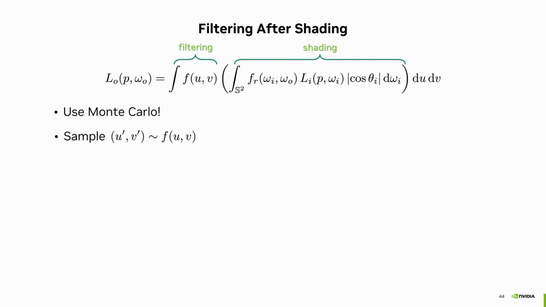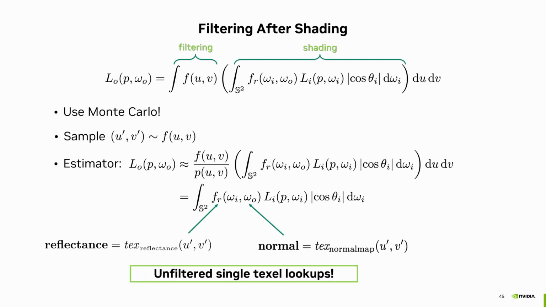We take single samples from the filter, and we can construct an unbiased estimator. For details and derivation, I'll refer you to our paper. This estimator uses only single unfiltered samples. One could take multiple samples from this estimator, but we propose an extreme solution, an extreme take.